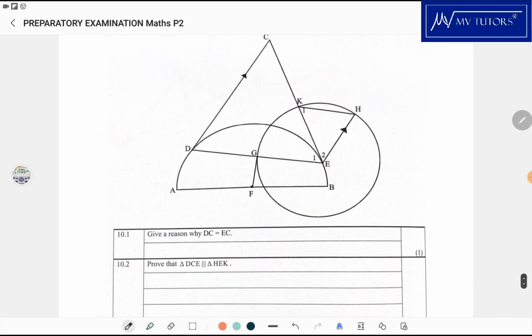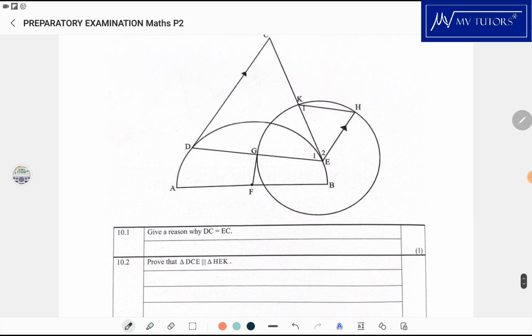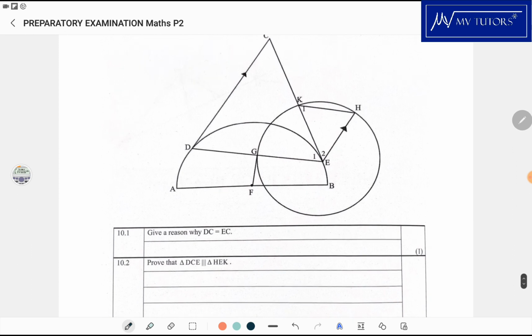Okay. So the first question says, give a reason why DC is equal to EC. Now, if you look at the individual, highlight DC and then highlight CE or EC. Why?